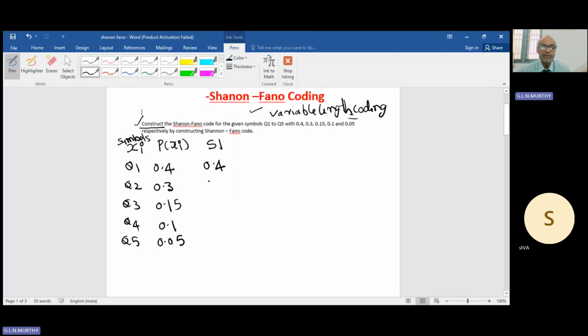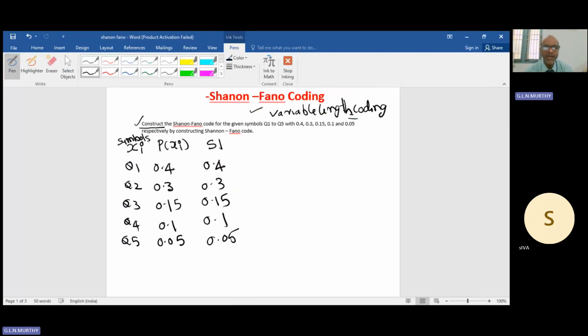Arrange the symbols in descending order of probability: 0.4, 0.3, 0.15, 0.1, 0.05.